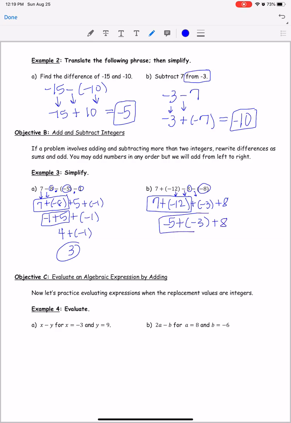So then here, for the first time in example 3, we have the same signs. Same signs means you add and keep the sign. So 5 plus 3 is 8, and keep that sign of a negative. And now we have negative 8 plus 8. These are opposites. Opposites are always 0.